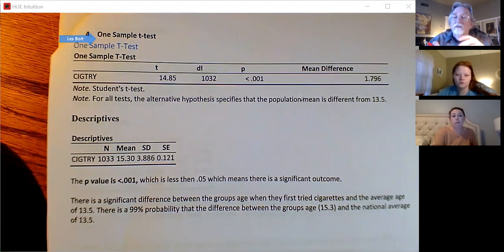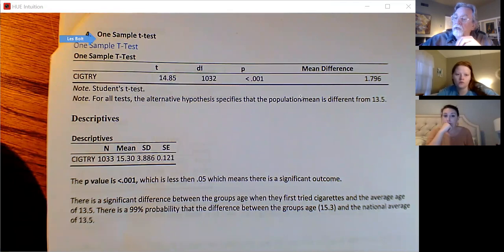The year this data was collected, the national average at which people tried smoking was 13 and a half. And so we wanted to know, is this group, this sample that we pulled from the survey, different from that national average?